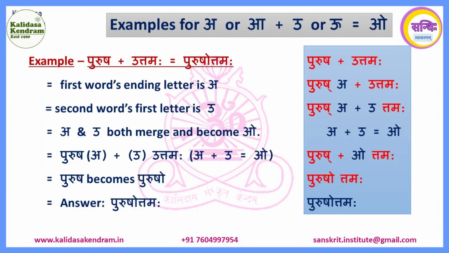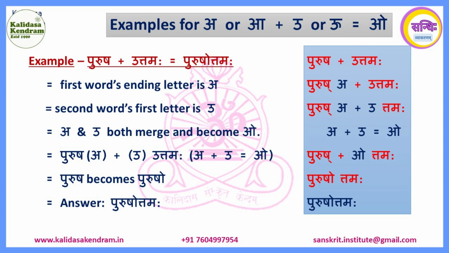Next, examples for a or ā plus u or ū becomes o. So what we understand is that o means a plus u, either long vowel or short vowel. Let's move on to the example. Purusha plus uttamaha, purushottamaha. Let's see how it changes. The first word's ending letter is a.